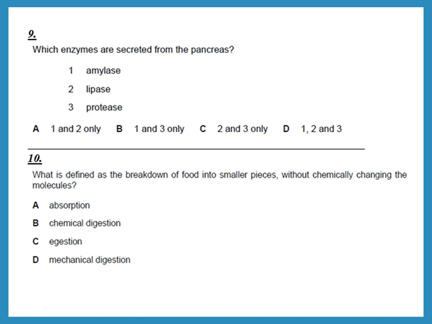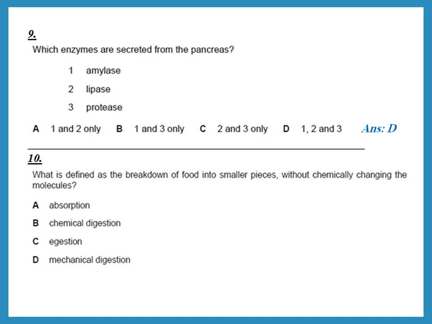Which enzymes are secreted from the pancreas? Remember we said the pancreas actually secretes what? It does secrete amylase, and it does secrete lipase, and it also secretes a protease. Remember we said protease is any enzyme that breaks down proteins, and the protease secreted from pancreas is called trypsin. So we have all three of them. So actually our answer is D.